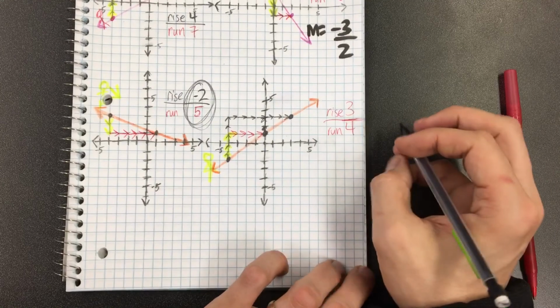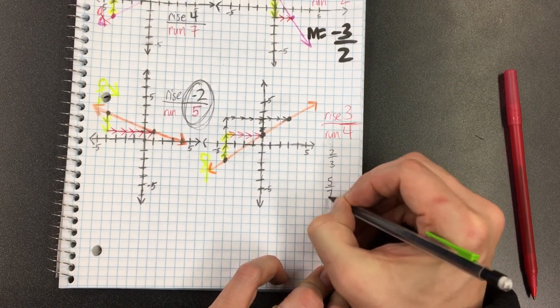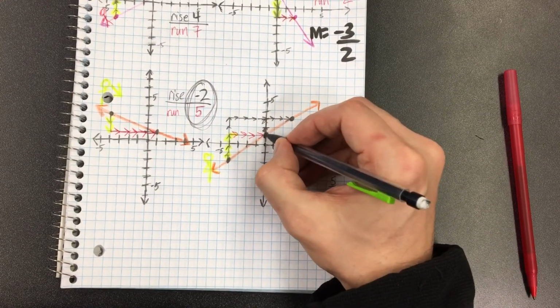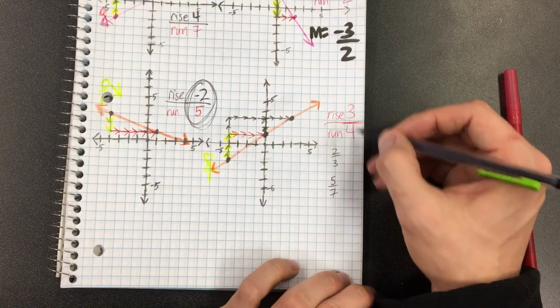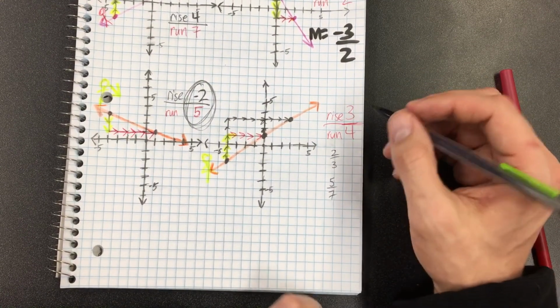Holy cow. I got 3 different answers there, didn't I? I got 3/4, I got 2/3, I got 5 over 7. So the bad news is I didn't draw my line well enough, because all of those are close. Like this is 75%, that's 66%, that's, I don't know, whatever. They all are similar.